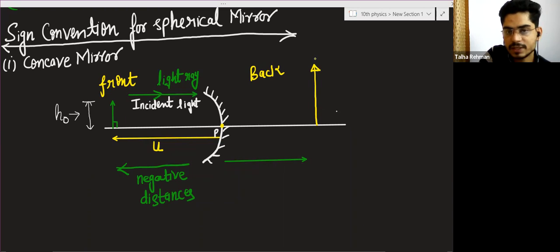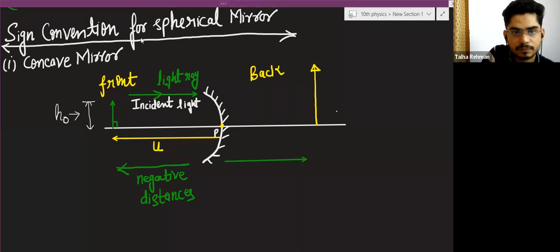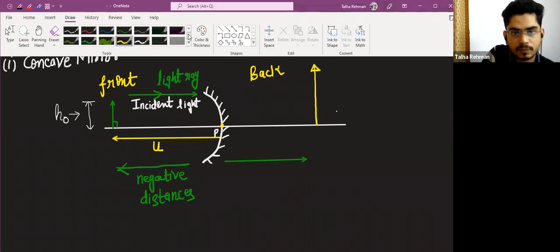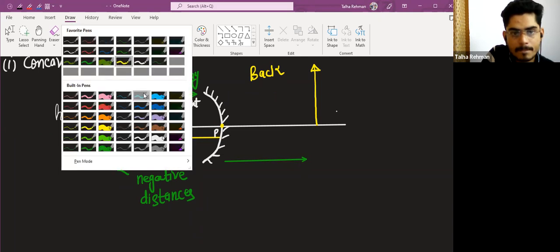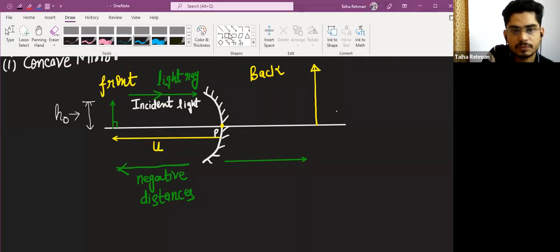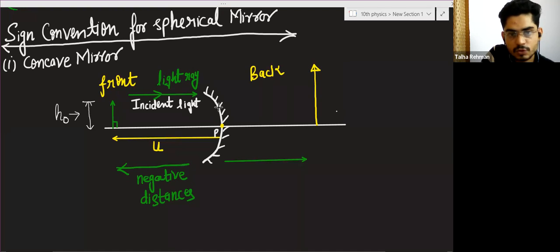For measuring the distance of image from the mirror, you should move from pole to this image. This is known as v, the image distance.